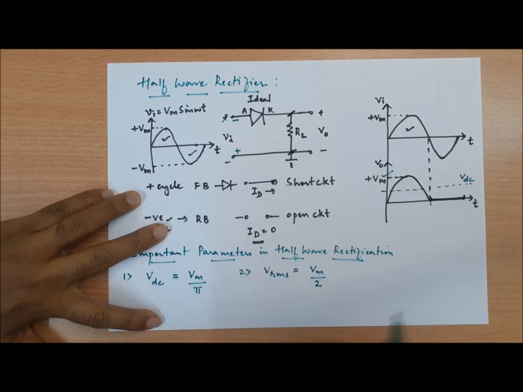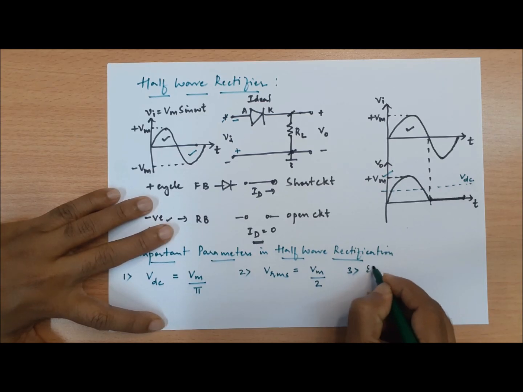The details of how we obtain these particular expressions are mentioned in one of my videos. The description is given; you can go through it in the description section of the video. Similarly, the third important parameter is efficiency.